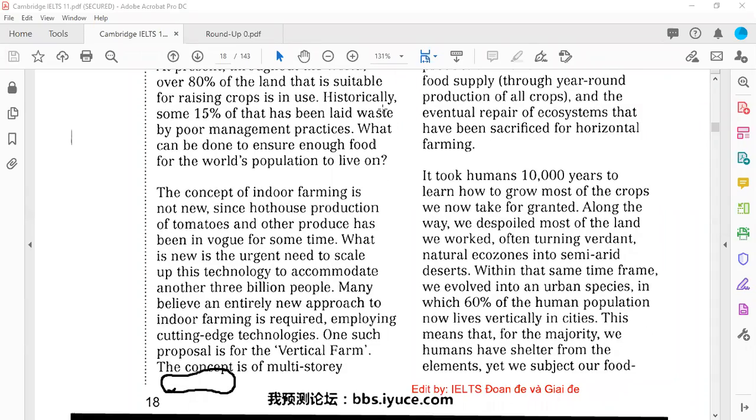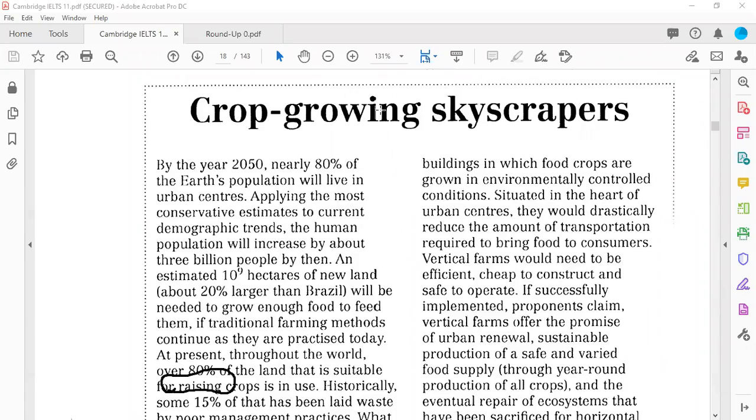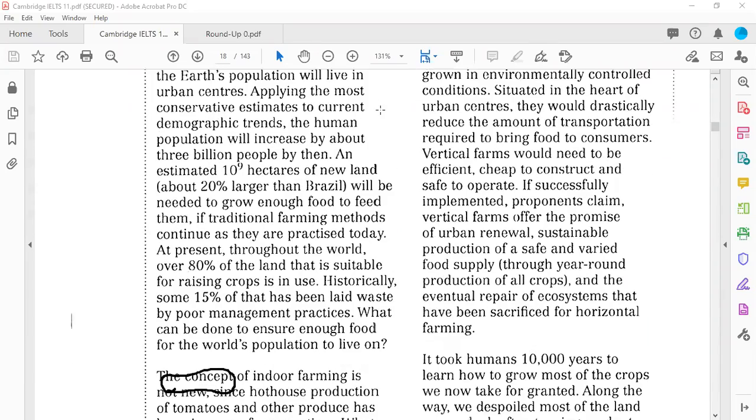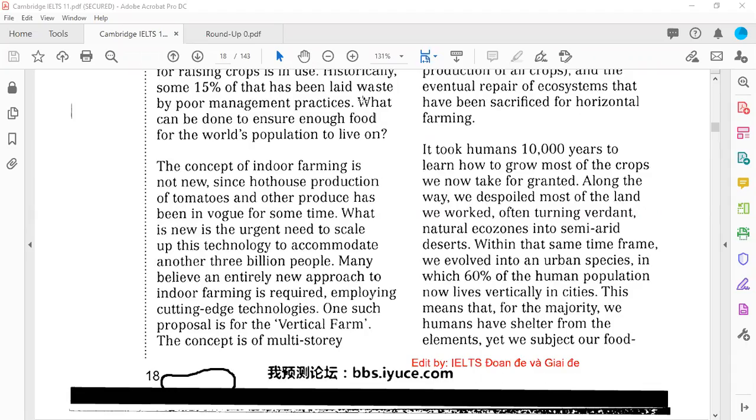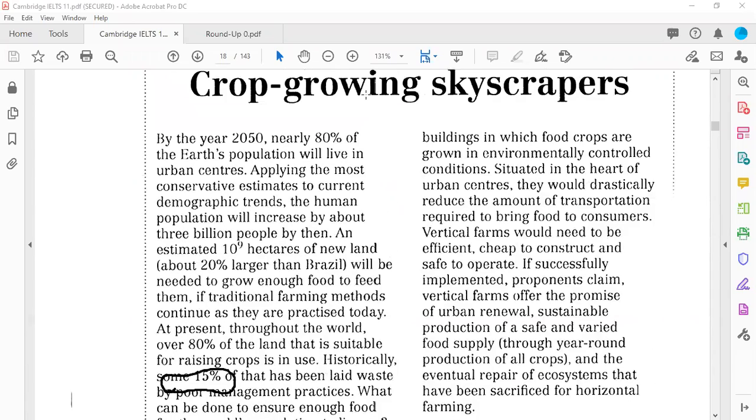Answer number 2. Second paragraph. The concept is of multi-story buildings situated in the heart of urban centers, reduce the amount of transportation required to bring food to customers.